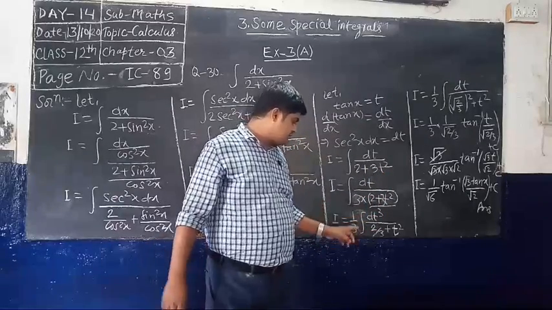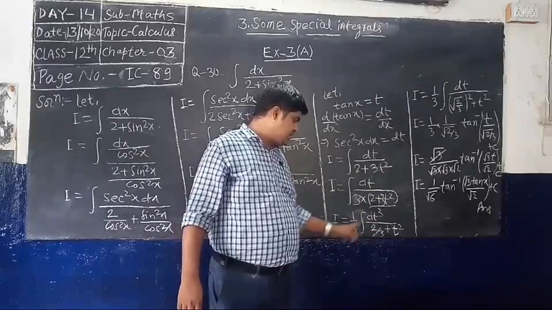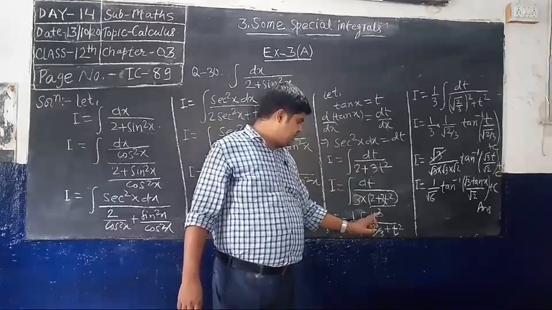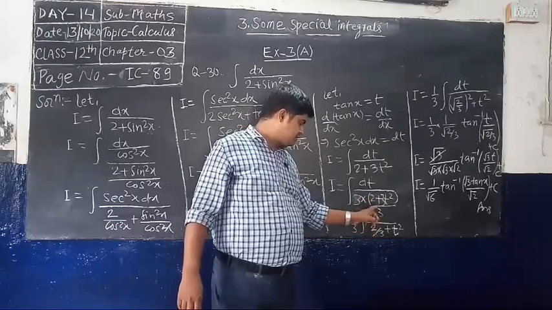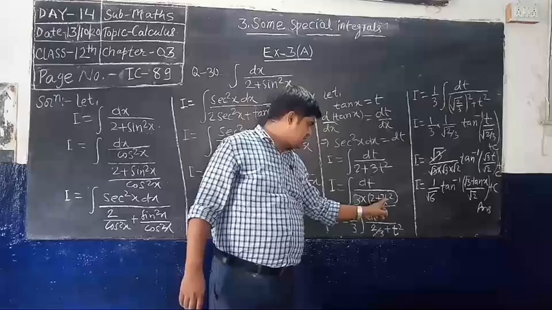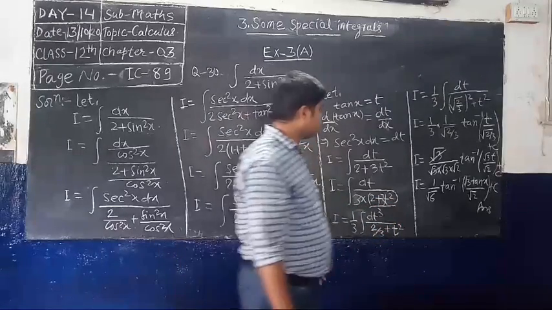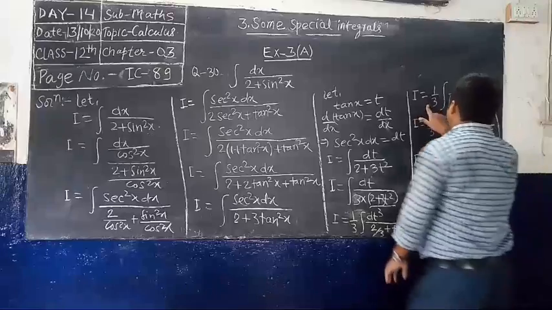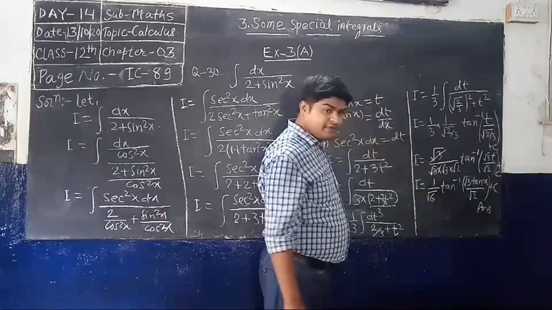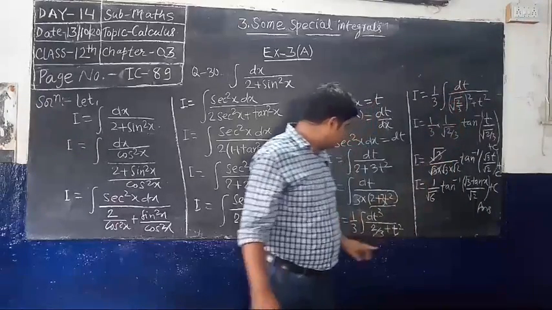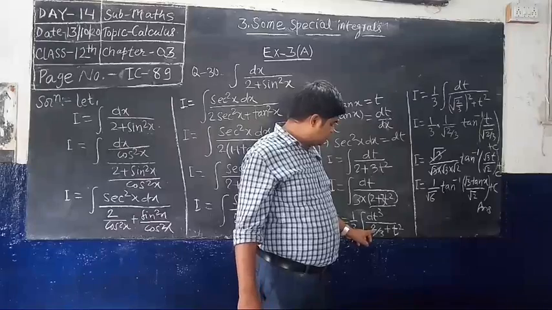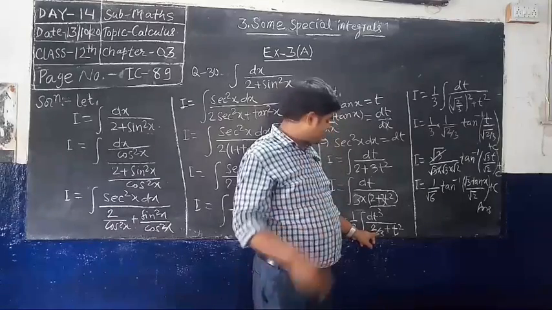Now this is a constant term, so I is equal to 1 by 3 integration dt by 2 by 3 plus t square. Now you will change 2 by 3 into root 2 by root 3 whole square.